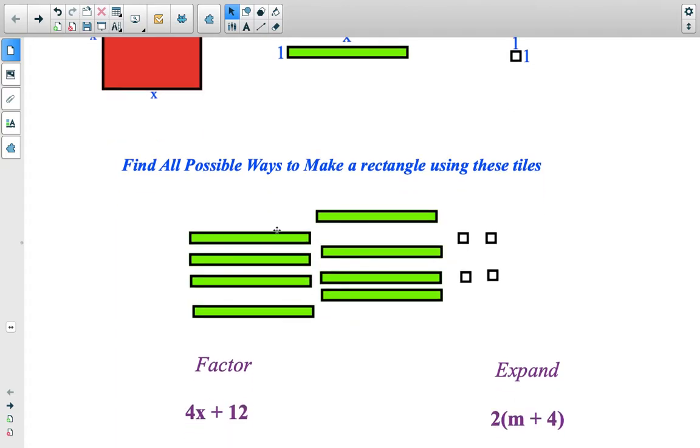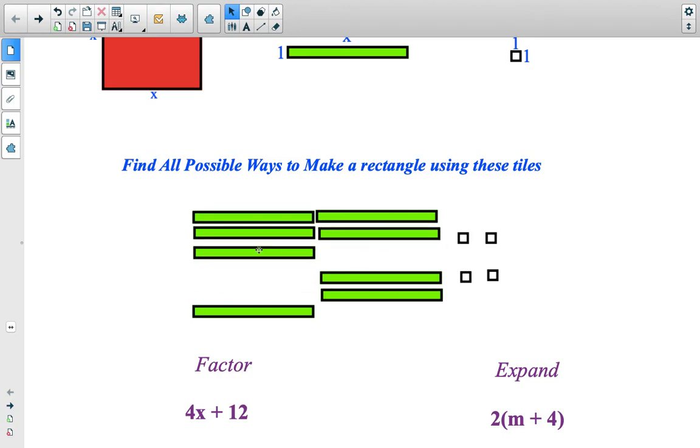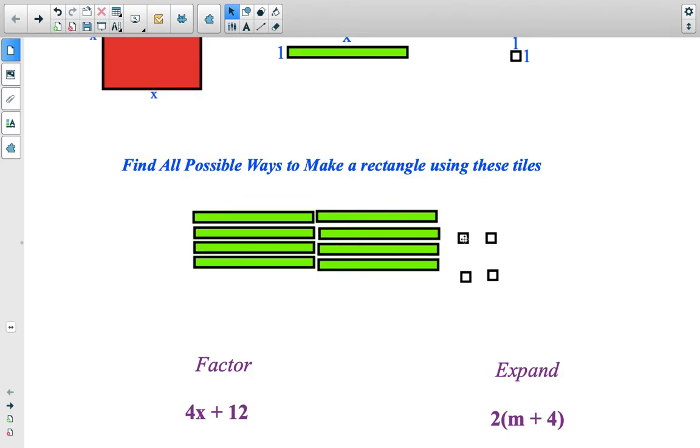If we were together, I would get you to do this activity. But if I wanted to make a rectangle out of these, I would do so by lining these up because these sides line up. Then I would put these little 4 blocks on the side, and I've designed a rectangle. Always remember that we can talk about polynomials in the form of area.